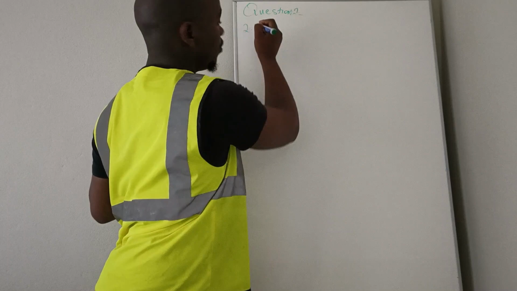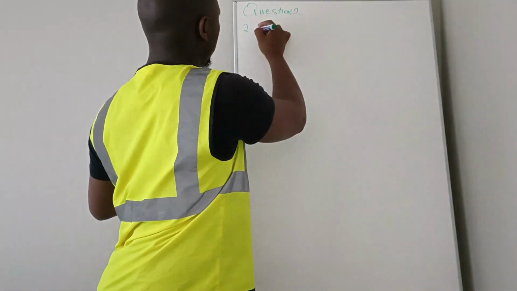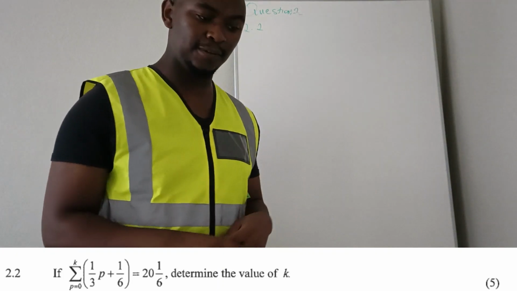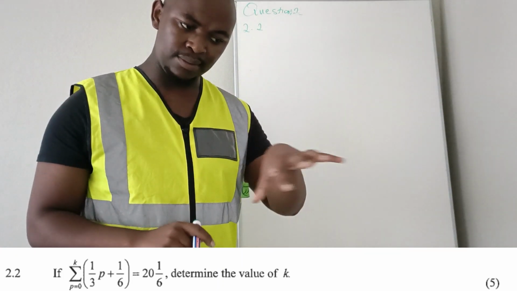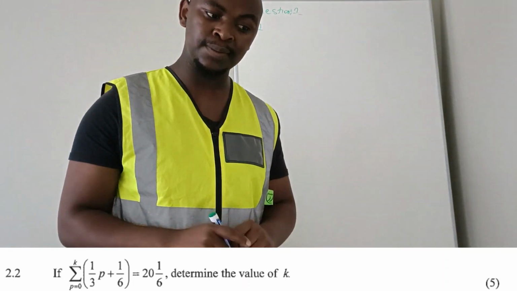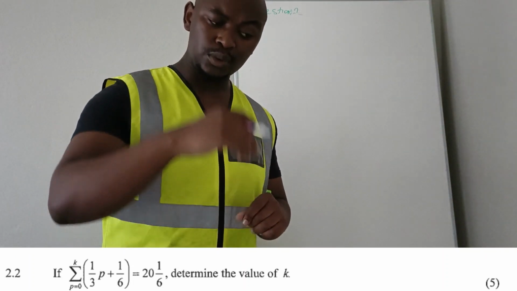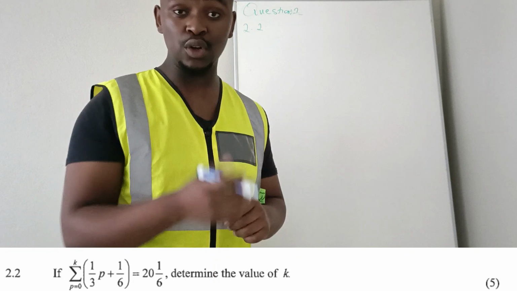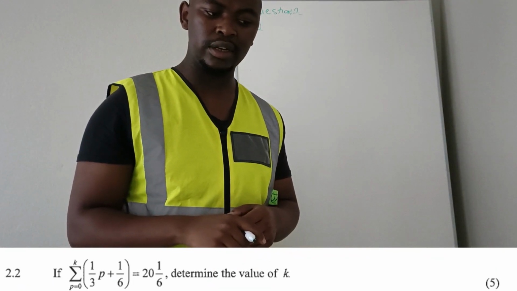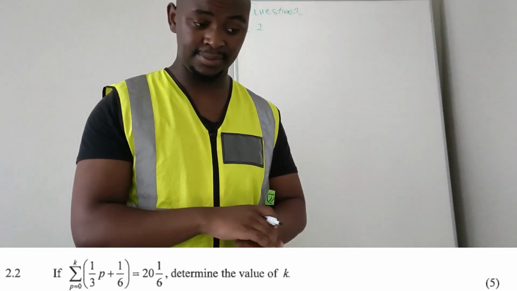Question 2.2. The statement is that if we sum 1 over 3p plus 1 over 6 up to the kth value of p, then we're going to get 20 and 1 over 6.